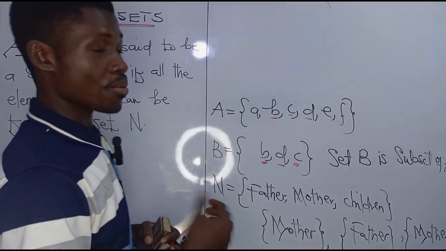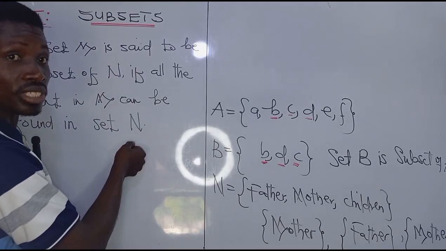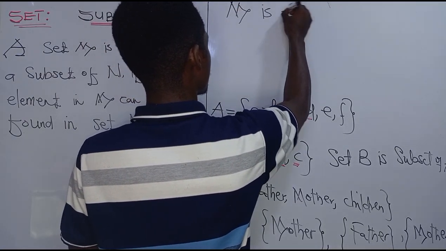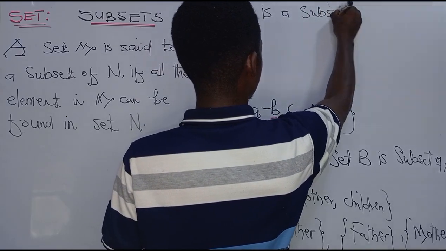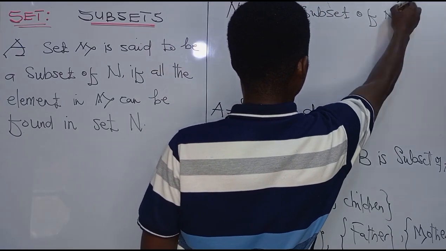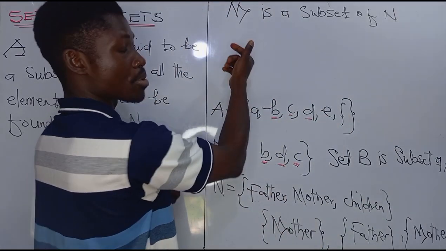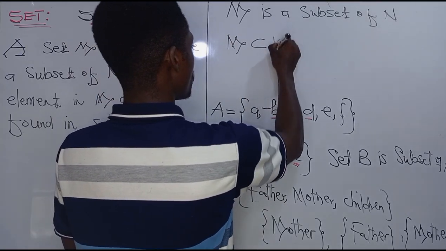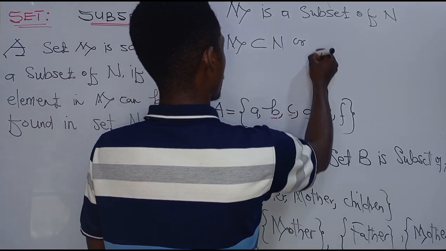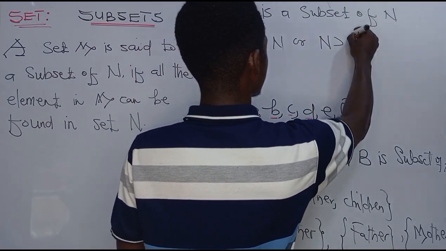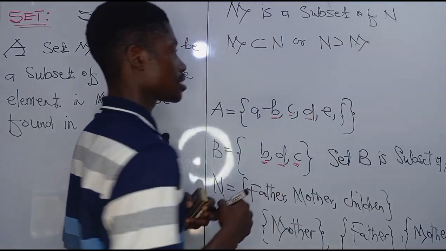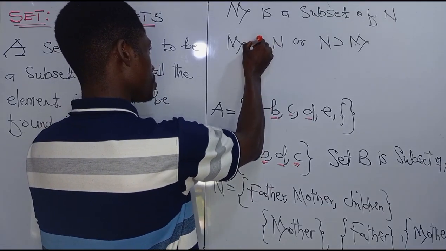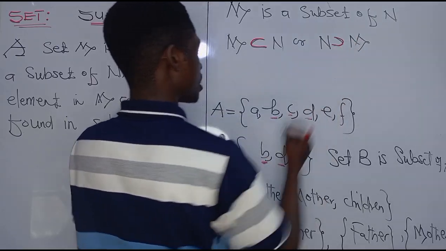With the first example, we said that M is a subset of N. So this can be written as M is a subset of N, or M is a subset of N. So this symbol means subset.